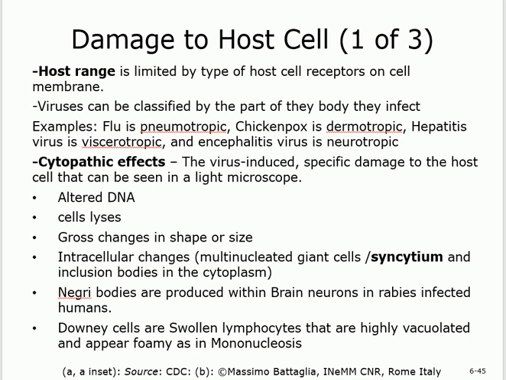We call it syncytium. It can also make inclusion bodies. These are all changes. Like it will make the nucleus of the cell become multiple nuclei. Are we following? We call that multinucleated giant cells, also known as syncytium. What's a syncytium? Multinucleated giant cell. A big cell that has multiple nuclei.